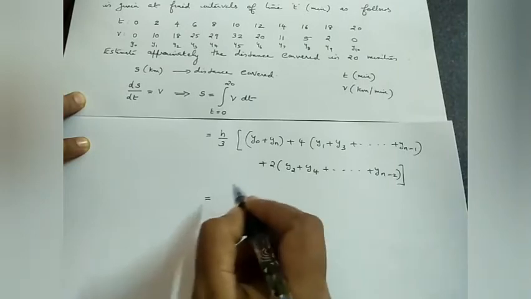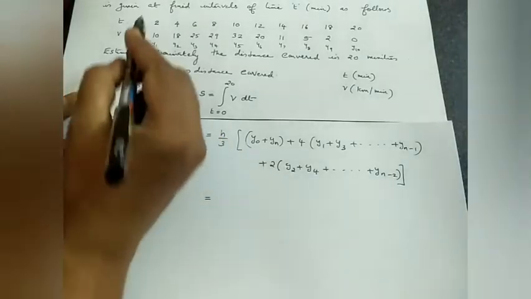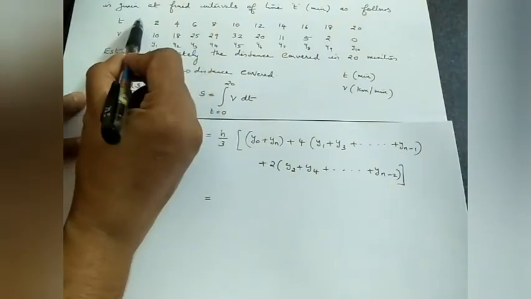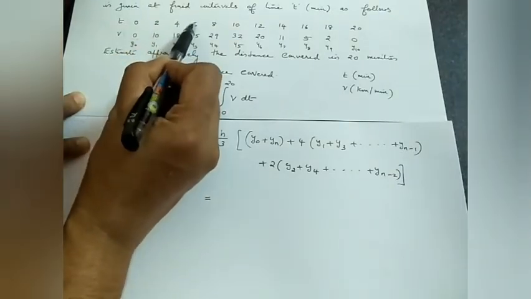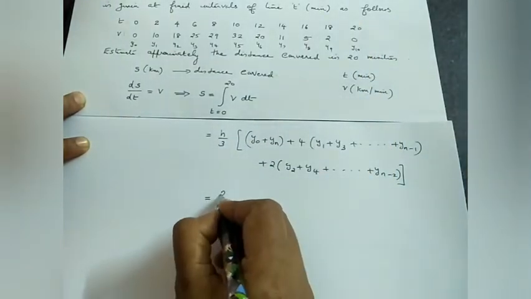The interval of differencing is equal, that is 2. Therefore h is 2.